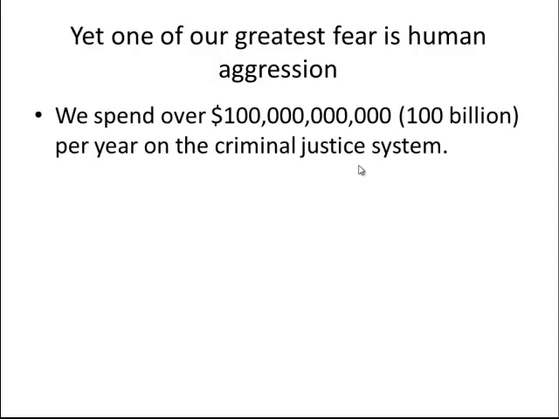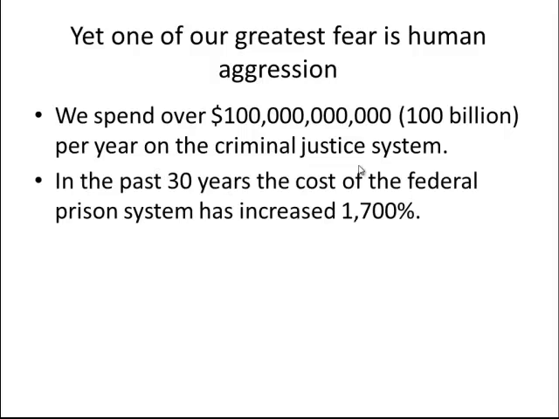We spend over $100 billion per year on the criminal justice system in the United States. That's billion with a B. In the past 30 years, the cost of the federal prison system has increased 1,700%. That's a percent.